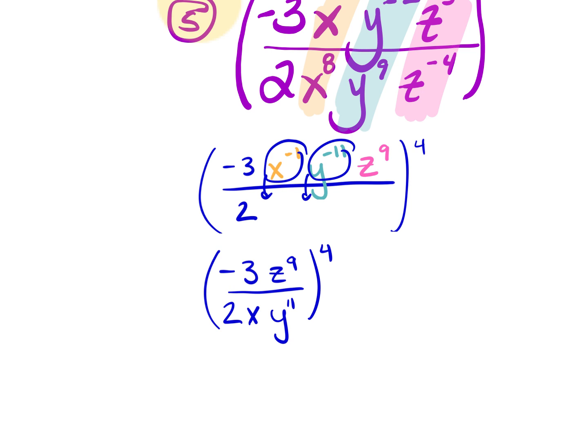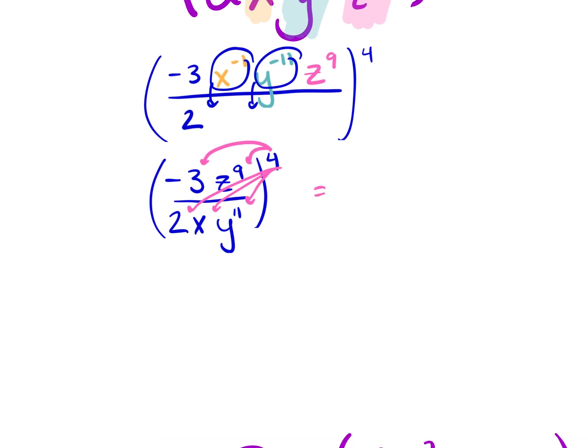Now what can we do? Let's distribute the exponent of the 4 so it gets distributed to everything. So we have negative 3 to the 4th power. We have z to the 9th power to the 4th power. 2 to the 4th power.